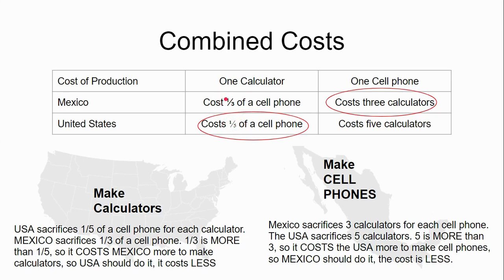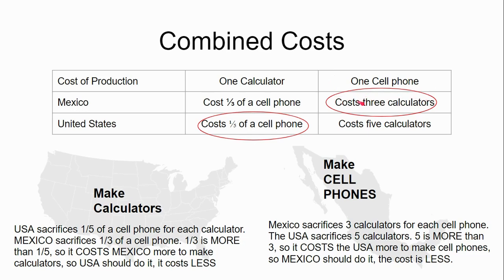Mexico gives up 1/3. Now, it might make more sense over here when you're dealing with whole numbers. What about cell phones? Well, to make a cell phone, Mexico gives up making 3 calculators, and to make one cell phone, the United States gives up making 5 calculators. 3 is less than 5, so to make one cell phone, it costs Mexico less.